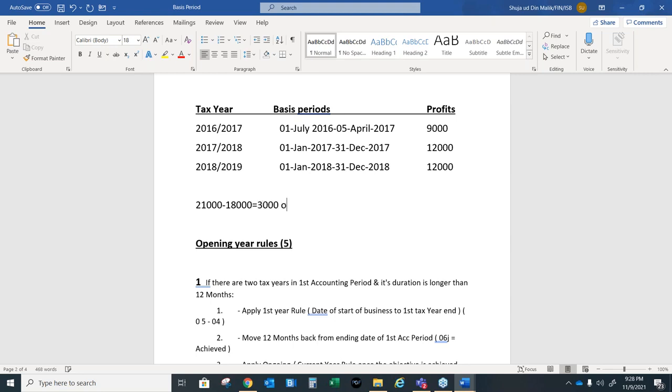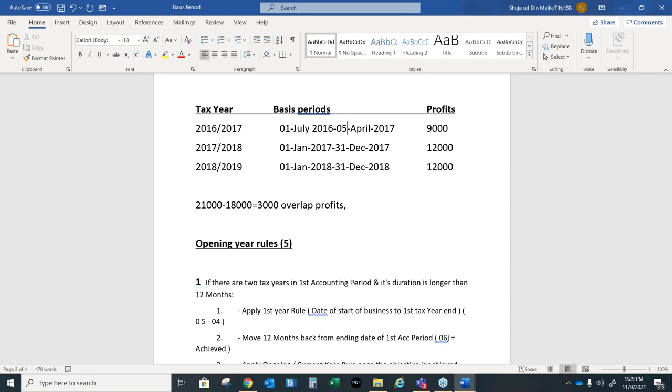This is the overlap profits that you are paying for not opting 5th April as your tax year date.